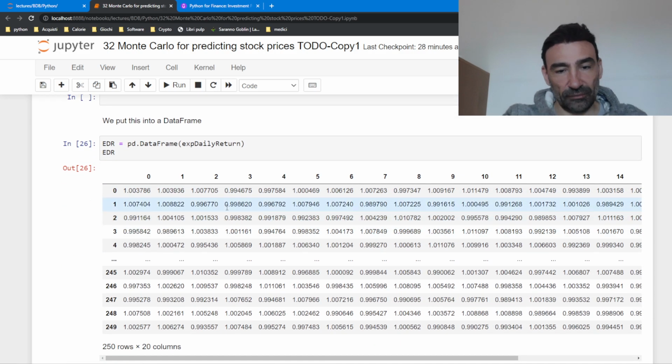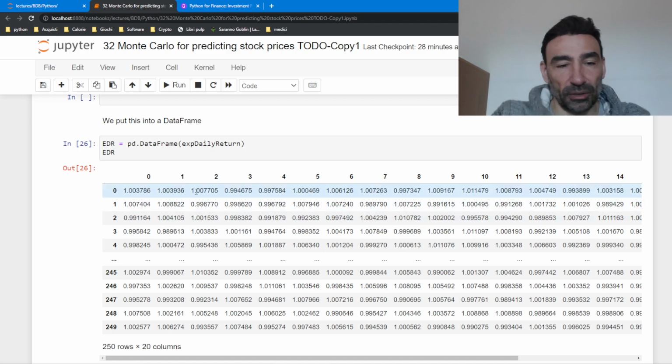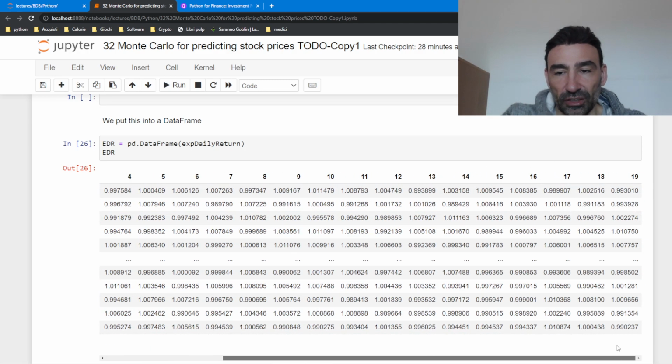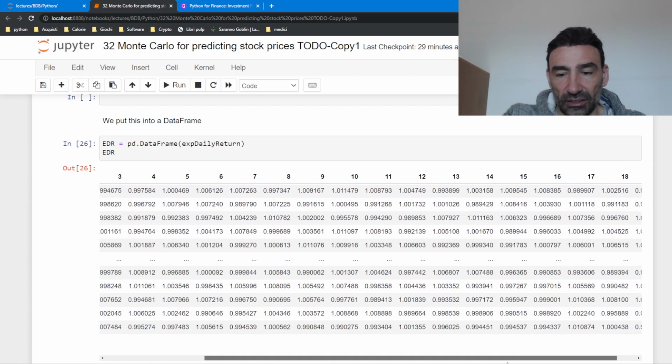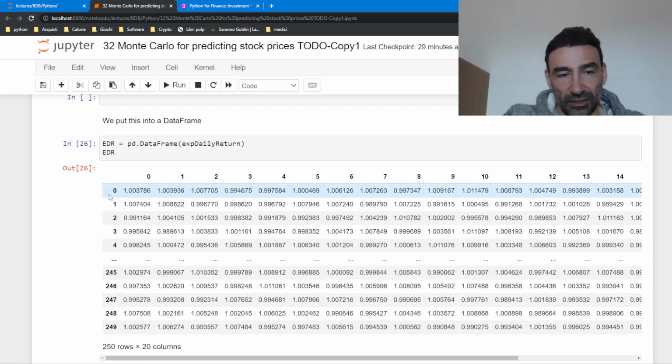Okay, so now it's something which I'm much more familiar with. You have 20 here. You can see 20 simulations from 0 to 19 for each day. These are the simulations for today, tomorrow, next. These are the simulations for the daily return, or better, the exponential of the daily return. So how much the price moves.